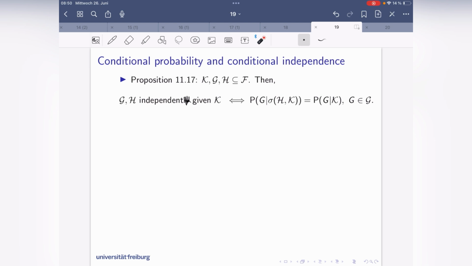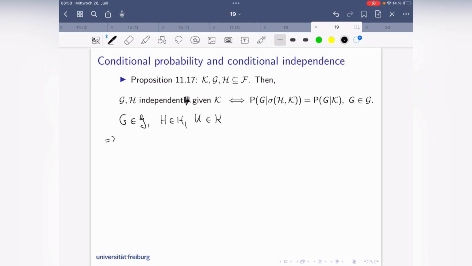Let's try to prove this, at least almost prove this. So let's take G in G, H in H, and always K in K. We have the direction from left to right, so I can use conditional independence, and I have to prove the right-hand side.